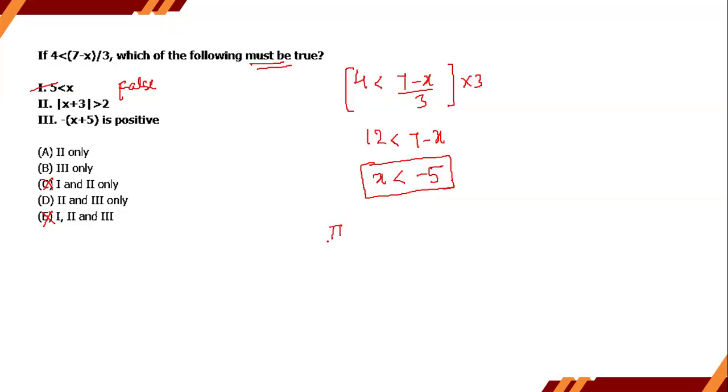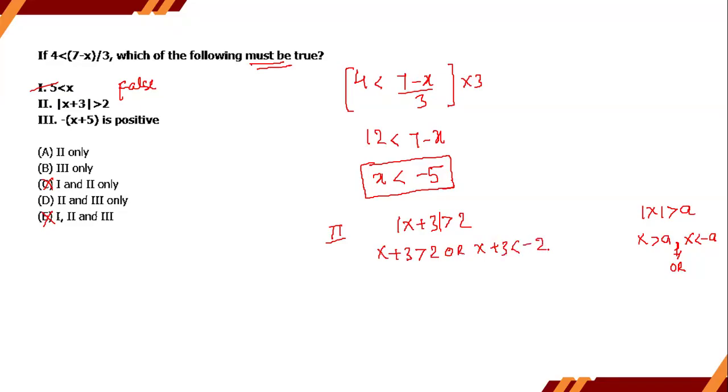In option 2, we have mod of (x plus 3) is greater than 2. What does this mean? This time we have a greater than sign, so it is of the form of an absolute value inequality, mod of x is greater than a. That means x is either greater than a or x is less than minus a. So with this, x plus 3 is either greater than 2 or x plus 3 is less than minus 2.